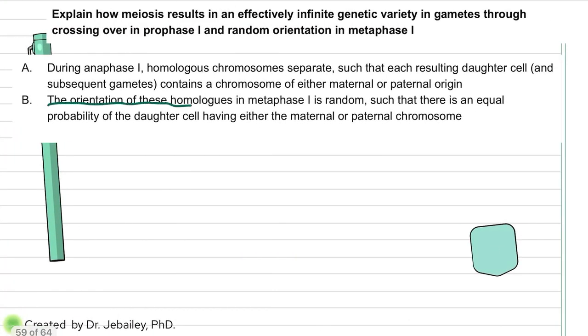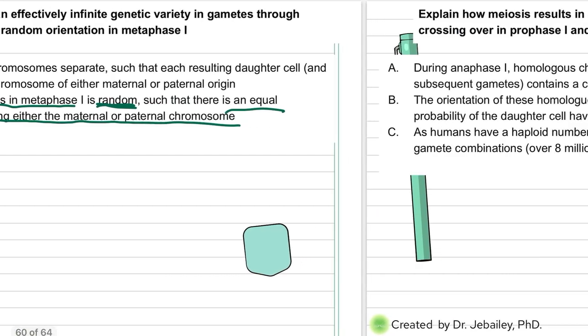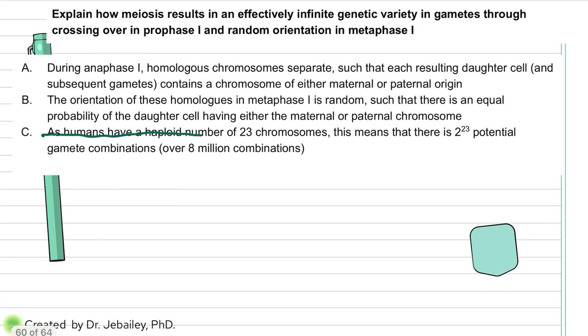The orientation of these homologs in metaphase 1 is random, so we don't know how they line up in the middle. They just do line up. And there's an equal probability of the daughter cell having either a maternal or paternal chromosome, so we don't know which one it's going to pick. As a human has a haploid number of 23, this means that there are 2 to the power 23 potential gamete combinations.